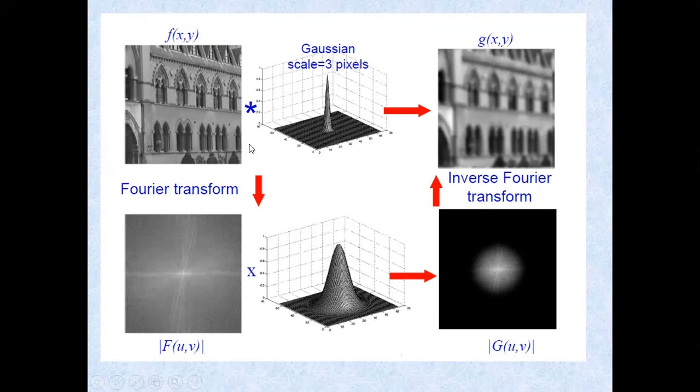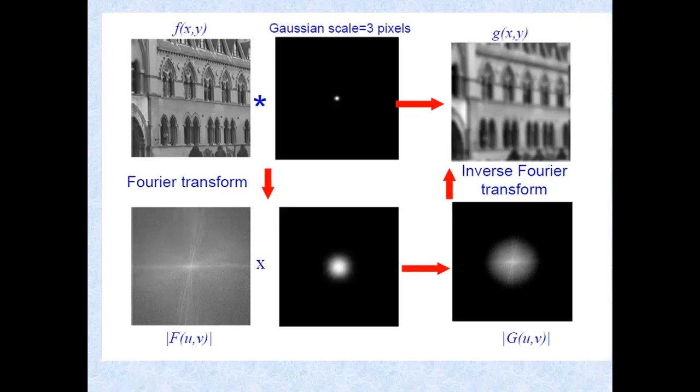Hope this is clear. Both give the filtered image, let it be a low pass filter, Gaussian filter, high pass filter or any other filter. Filtering can be done in both ways. When you do it, you will see which is more accurate.